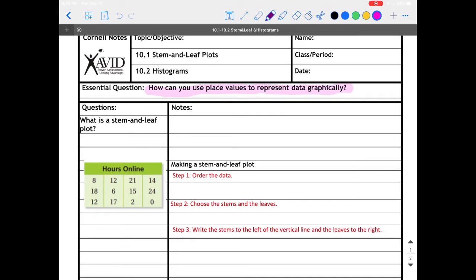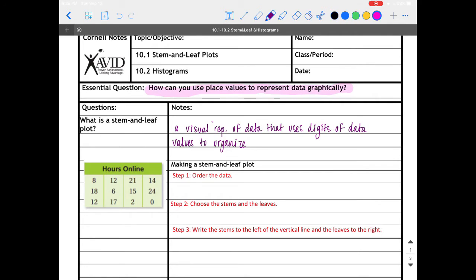Let's talk about what a stem and leaf plot is. A stem and leaf plot is a visual representation of data that uses digits of data values to organize a data set.